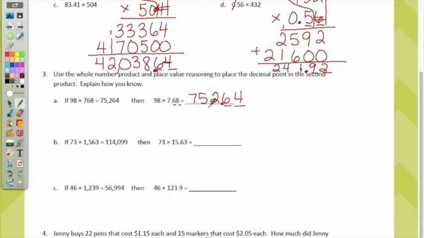So can't I just take this answer right here, divide it by 100, and that will give me the answer? 75,264 divided by 100 equals 752 and 64 hundredths. Now I had a student write, the second problem has a decimal in the hundredths place, so my answer would have to have a decimal in the hundredths place. Does that make sense? Oh, yeah.